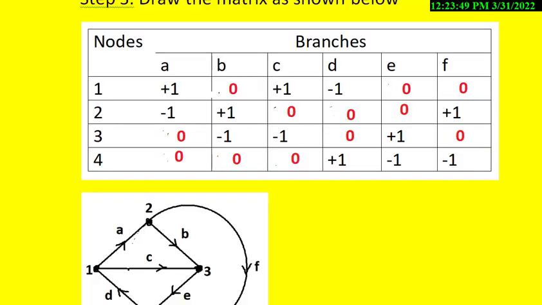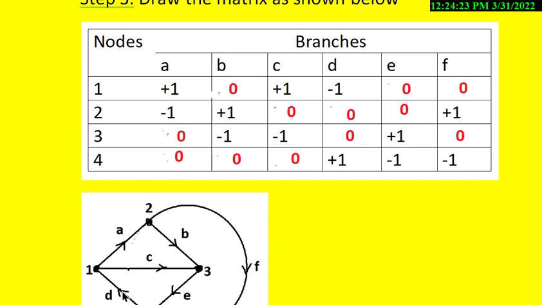Now let me write the incidence matrix following the rules mentioned above. First take node 1, and we have seen the disconnected branches. Disconnected branches for node 1 are nothing but B, F, E. So put those elements as zeros like this, B, E, F are zeros.